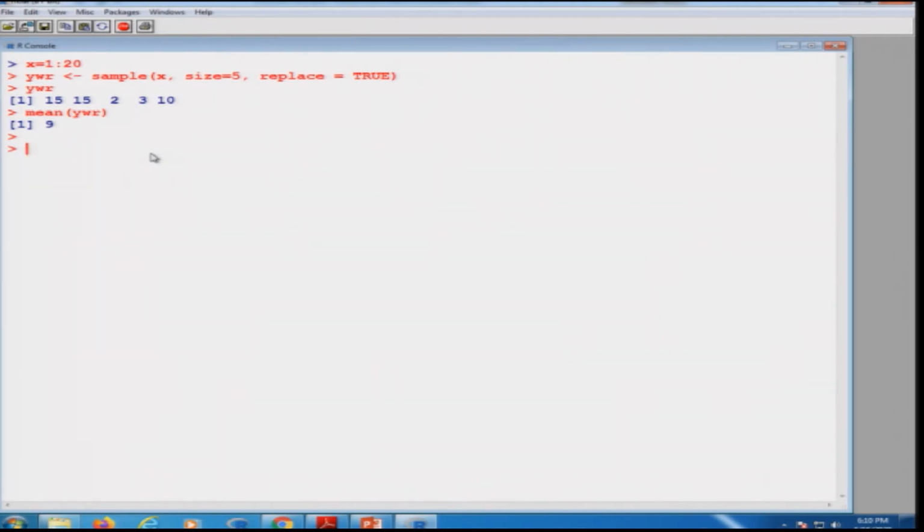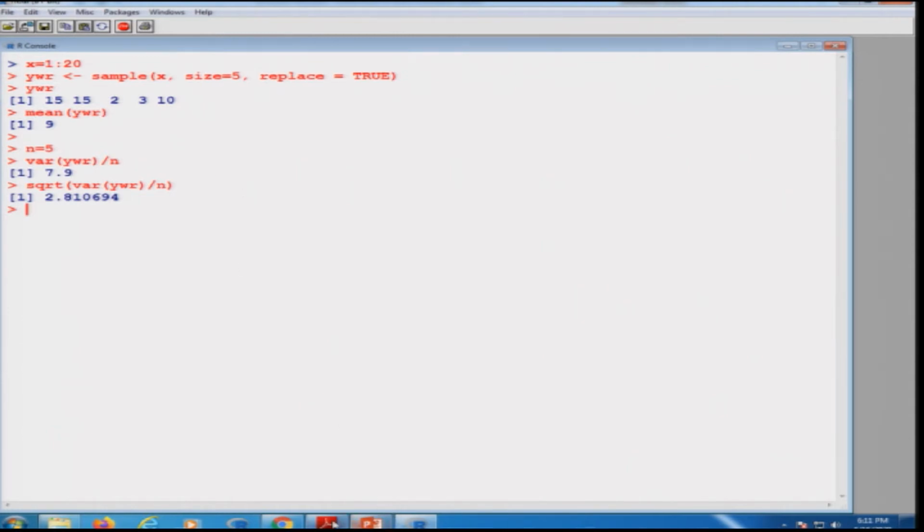So let me first give n equal to 5. I find the variance of YWR divided by n, which gives the variance of the sample mean under SRSWR, which is 7.9. And if I want to find the standard error, then I simply have to take the square root of this quantity. This is positive, so it will always be positive. So the standard error is 2.81.